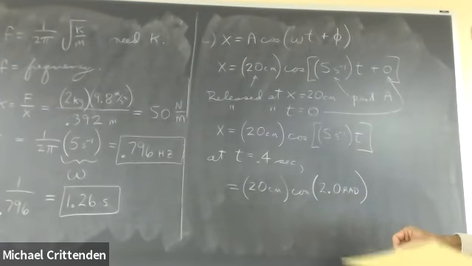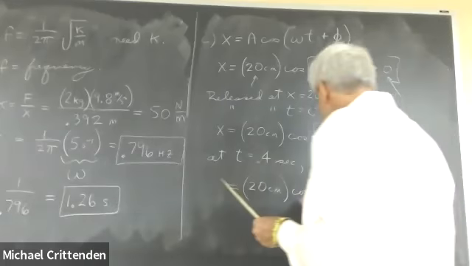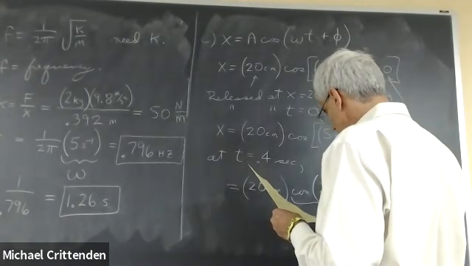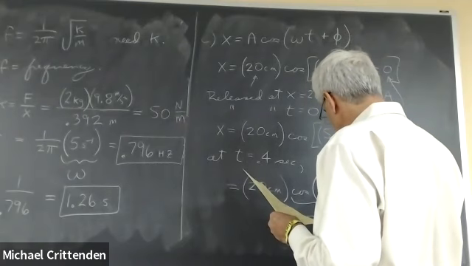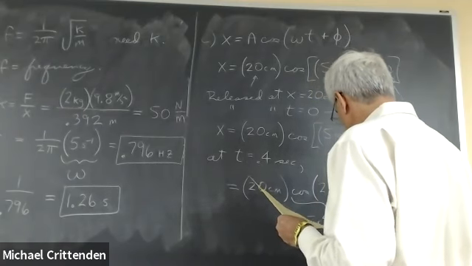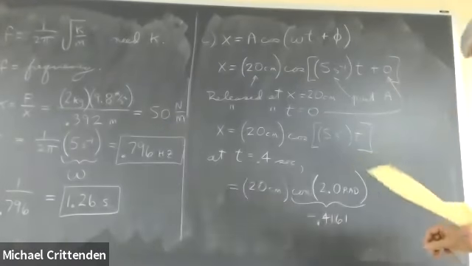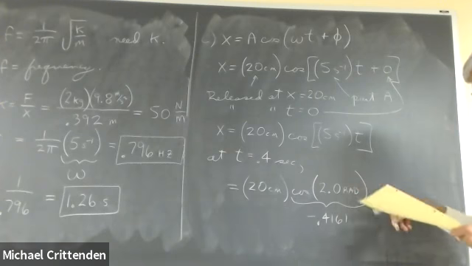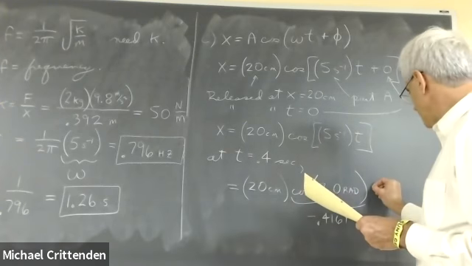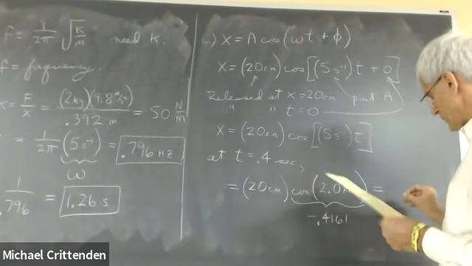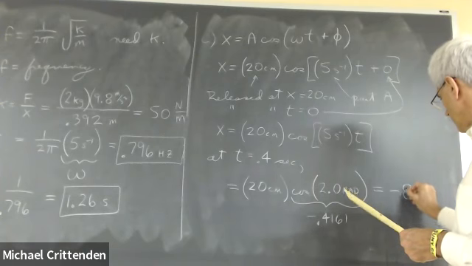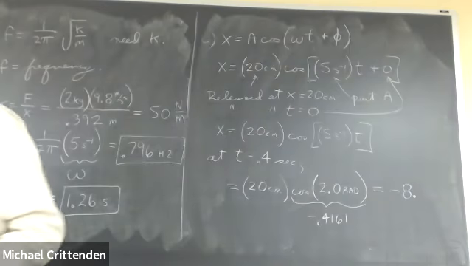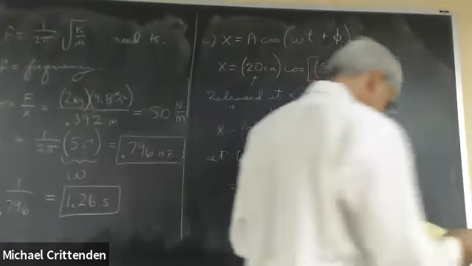If you did get your calculator in radian mode, you should be getting negative 0.4161 for the cosine of 2 radians.